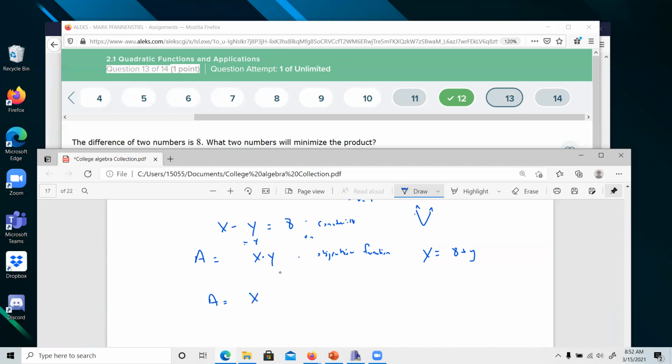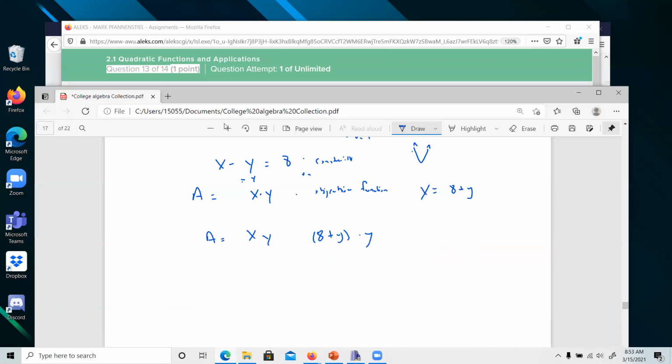So instead of x times y, we could say this is 8 plus y times y, and that's going to be 8y plus y squared. Hey, this looks a lot like a parabola.